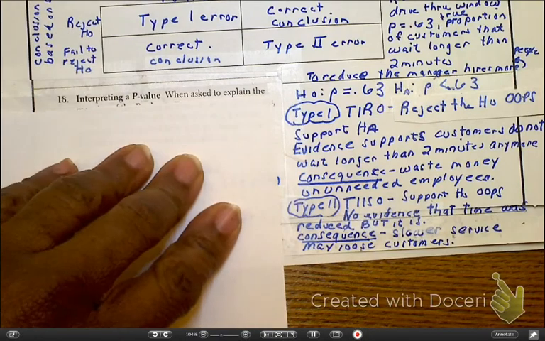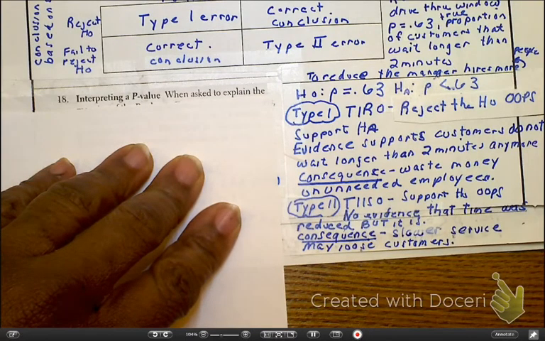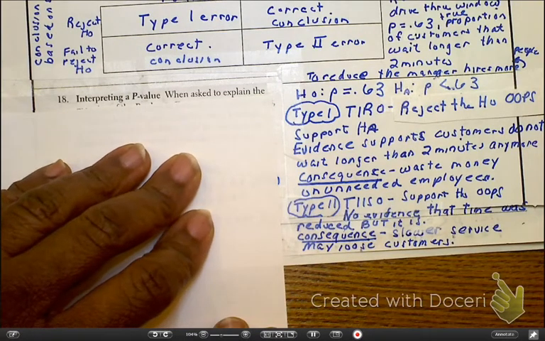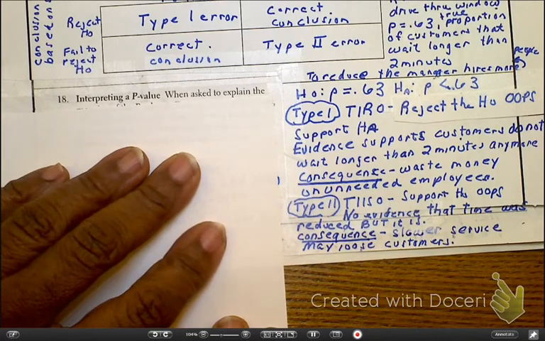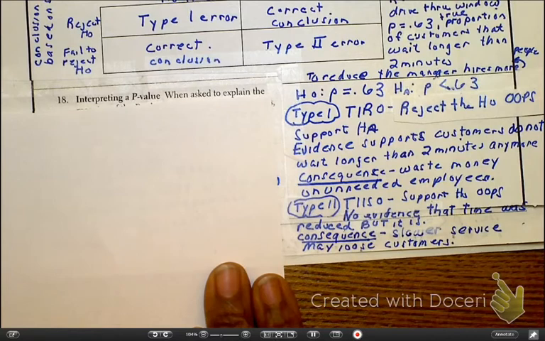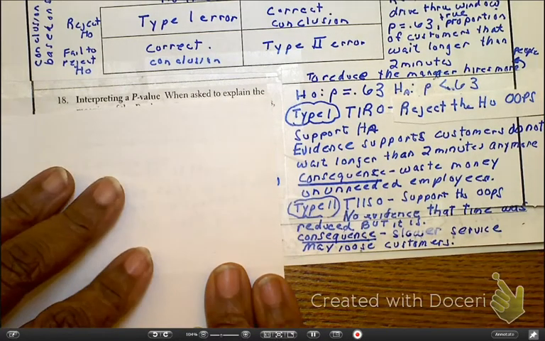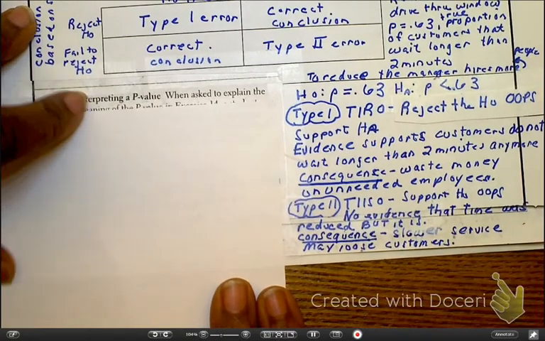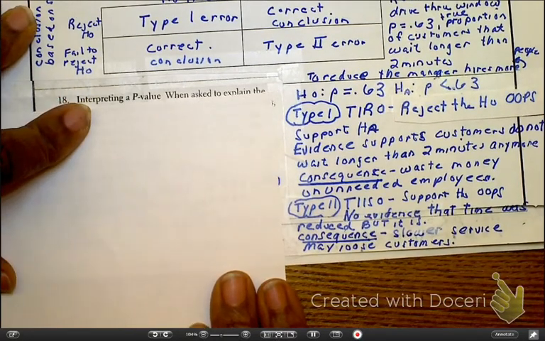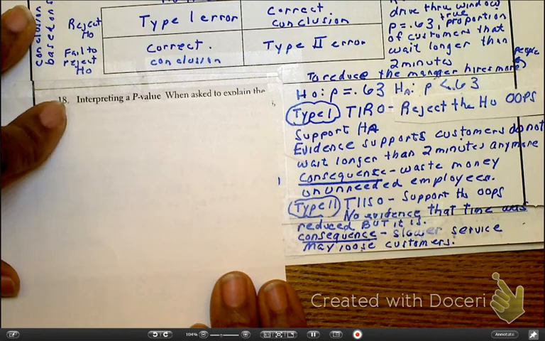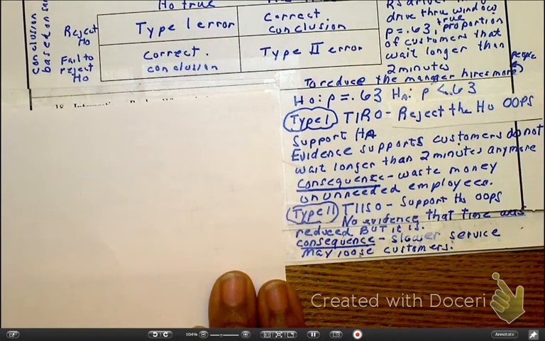So the premise is if I hire somebody with the understanding that it's going to reduce it and it hasn't, if I were him, I would let him go. So we're going to lose customers, and those people that I hired to reduce it, I'm going to lay them off because I didn't see that there was any difference with them being there. So that is the difference between Type 1 and Type 2.